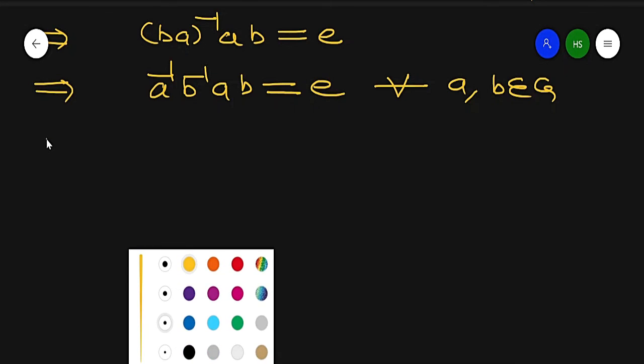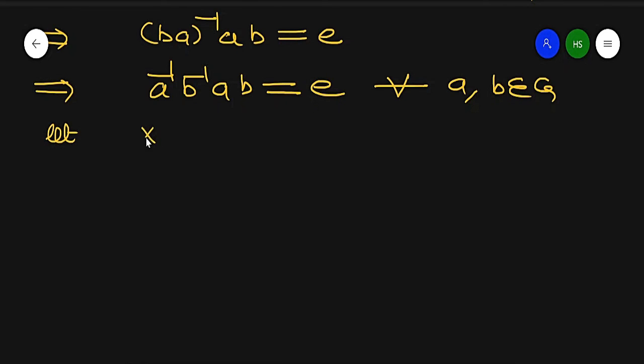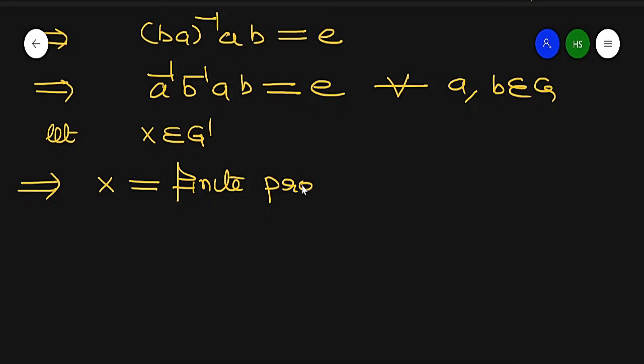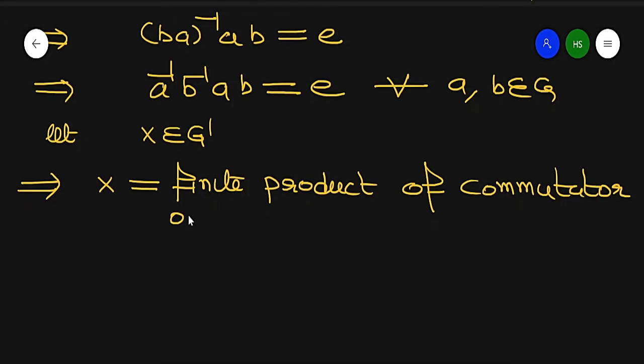So let x belong to G dash. It implies x is a finite product of commutators of G. So it implies it is equal to identity, because every commutator is identity.